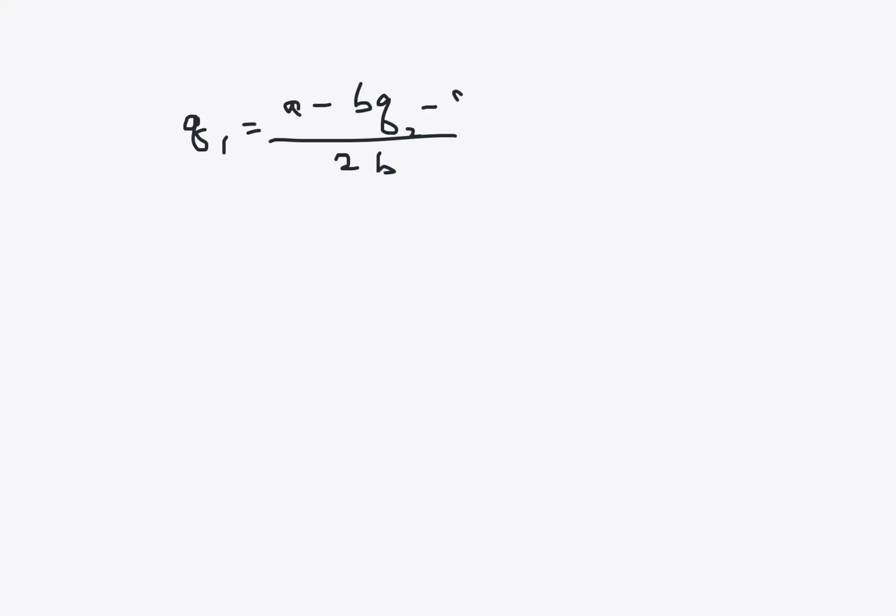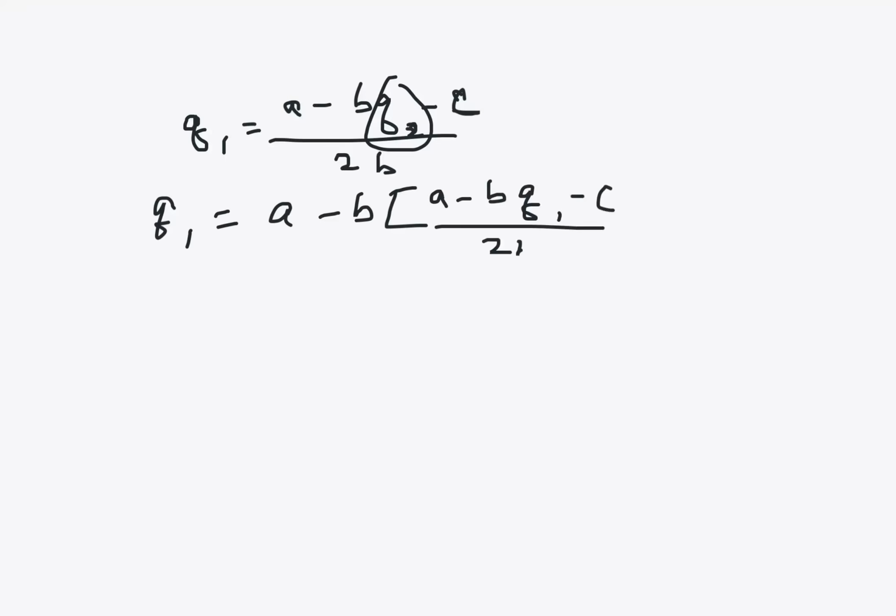So now what I'm going to do, this is C. Instead of this Q2 over here in the equation, I'm going to plug in the reaction function of firm 2. So Q1 is equal to A minus B times Q2, but instead of Q2, I'm going to plug in the reaction function of firm 2, which is Q2 equals (A minus B times Q1 minus C) over 2B, right?